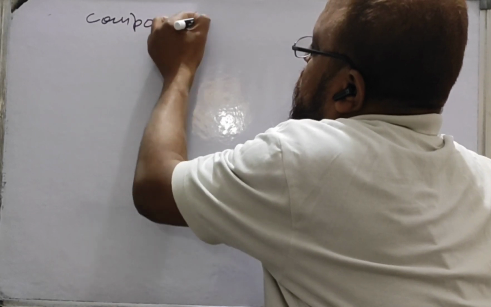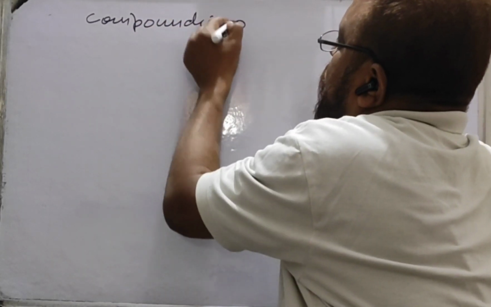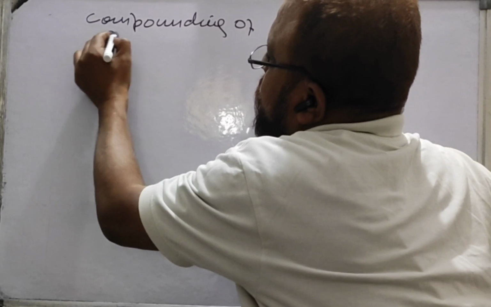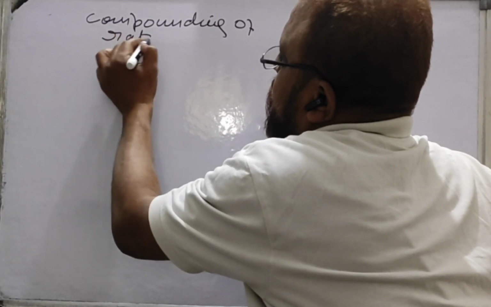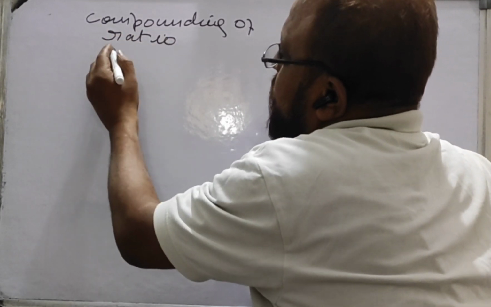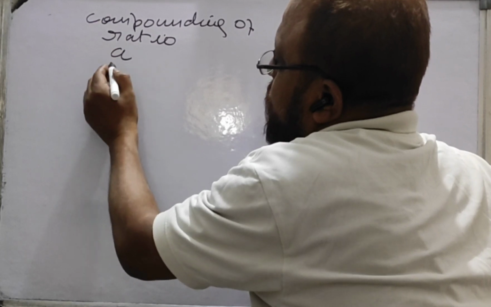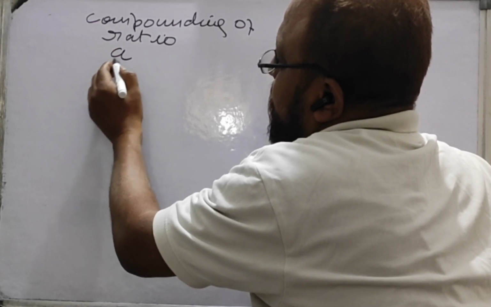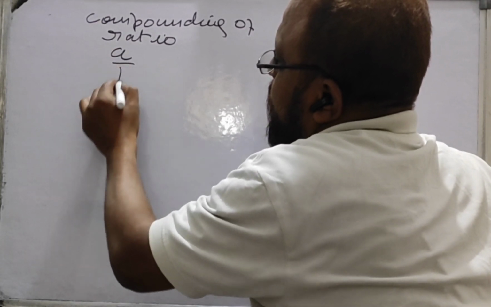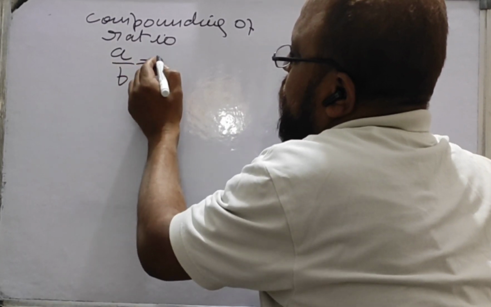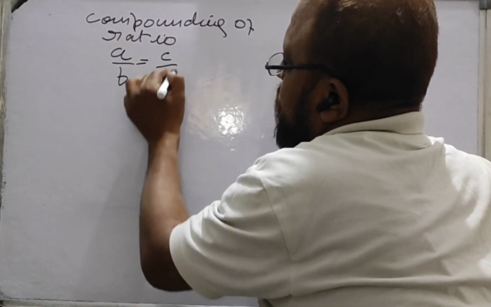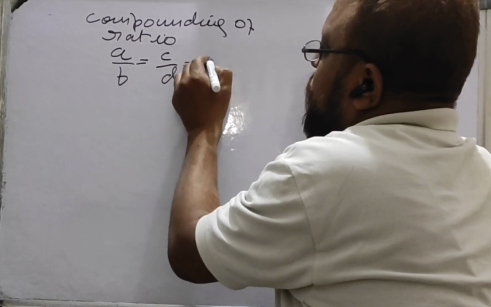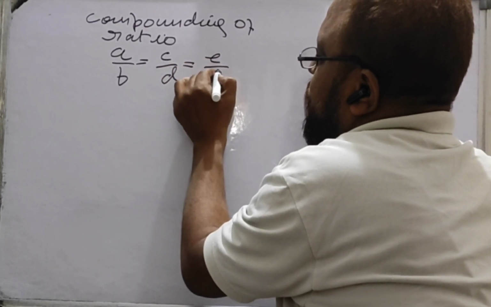Compounding of ratios means a ratio b is equal to c ratio d is equal to e ratio f.